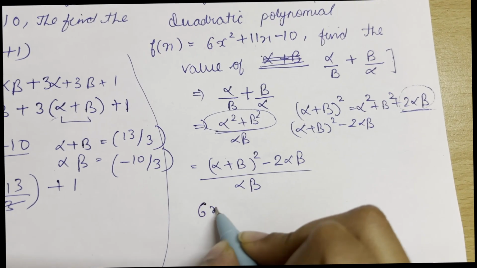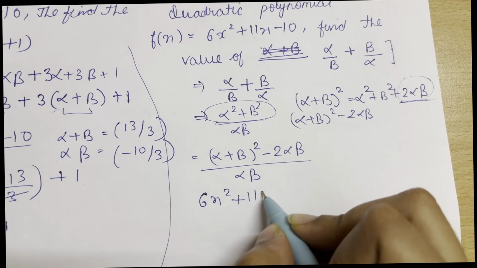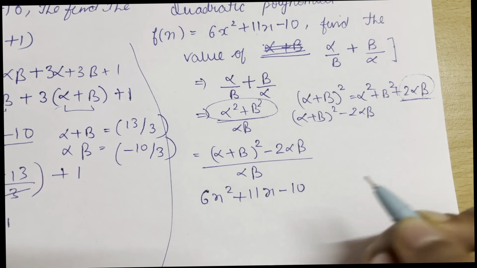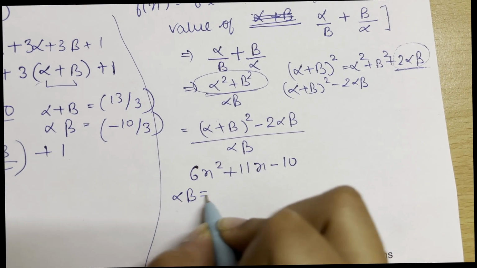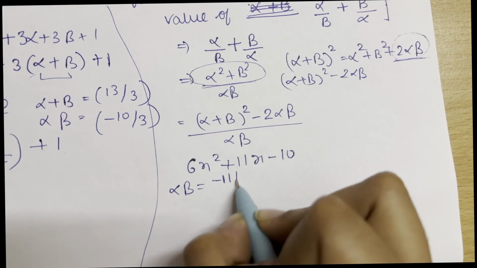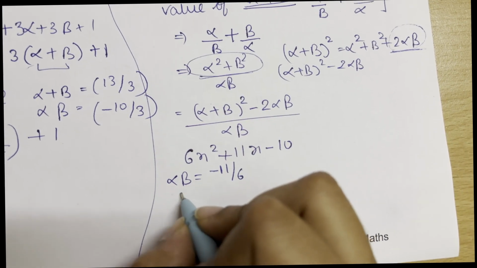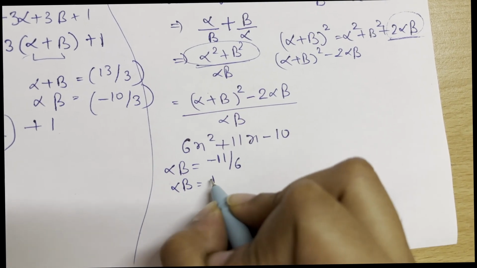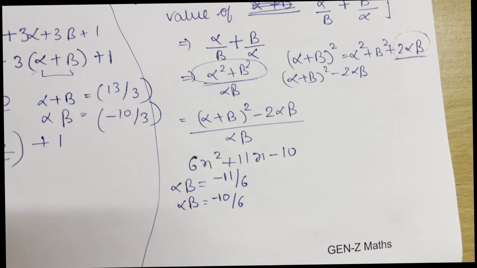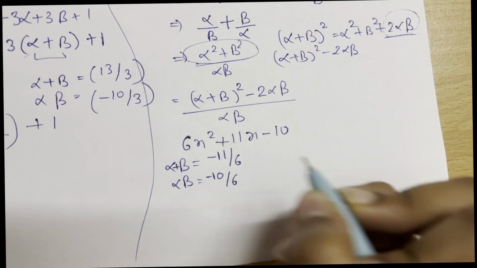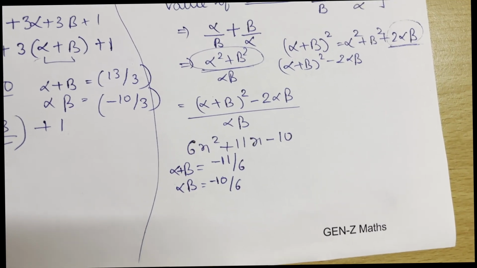So the polynomial is 6x square plus 11x minus 10. From this we get the value of alpha plus beta as minus 11 by 6 and alpha beta as minus 10 by 6.